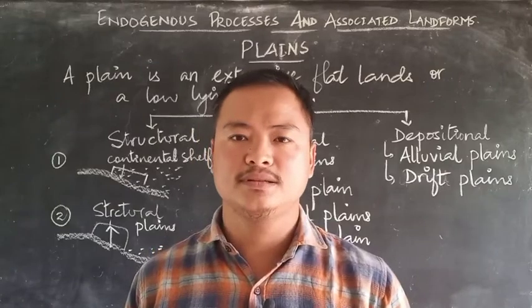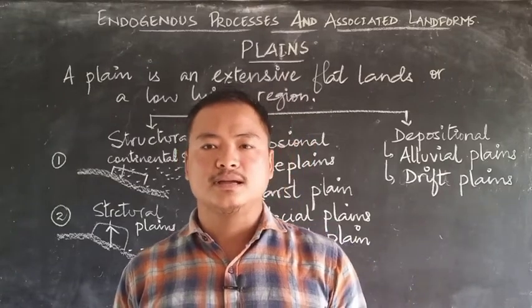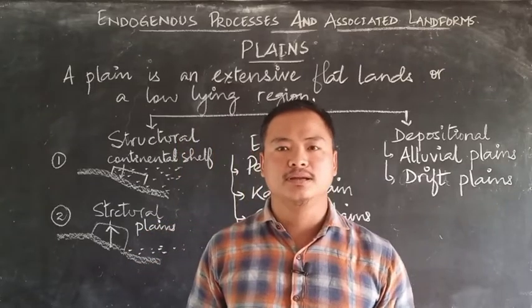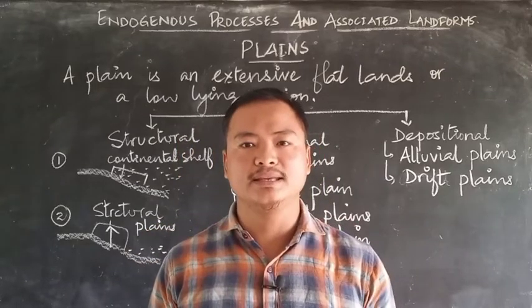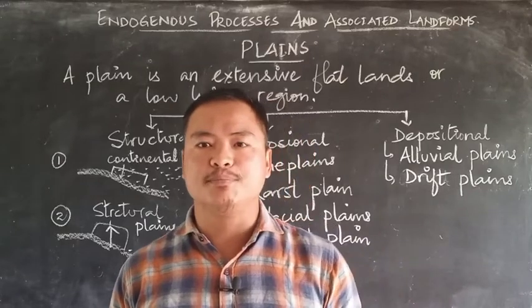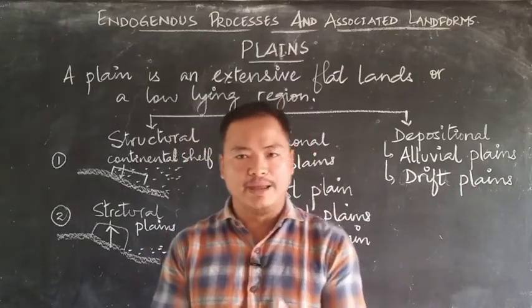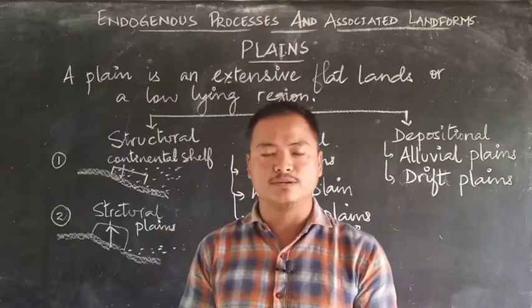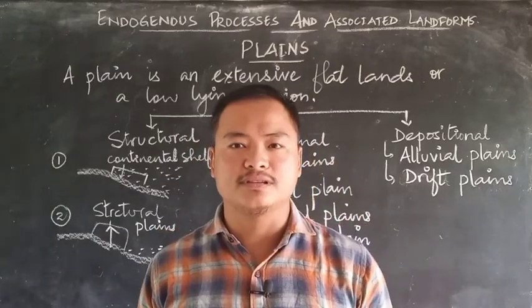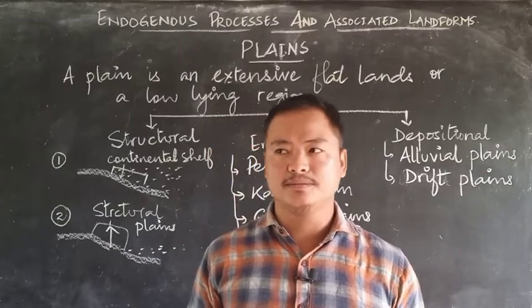Drift plains. Drift plains are formed as a result of depositional action by the glacier. The glacier makes deposits at the bed of the glacial flow or at the lateral surface or towards its end.